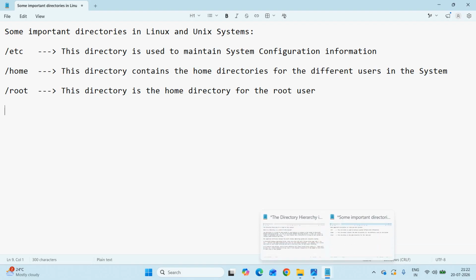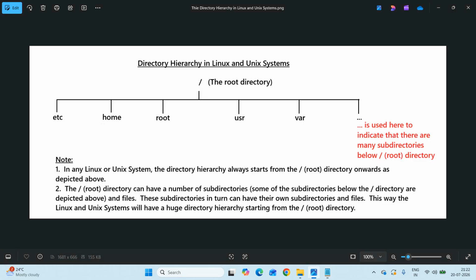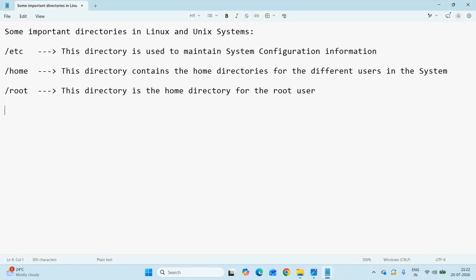Now coming to the next directory that I depicted here, okay, the root directory has USR as a subdirectory. What is the purpose of this? Oh sorry, it is root directory first followed by USR subdirectory.